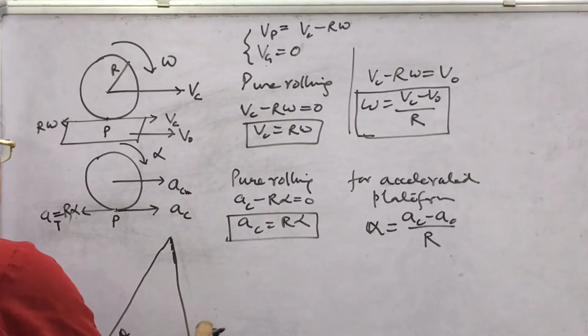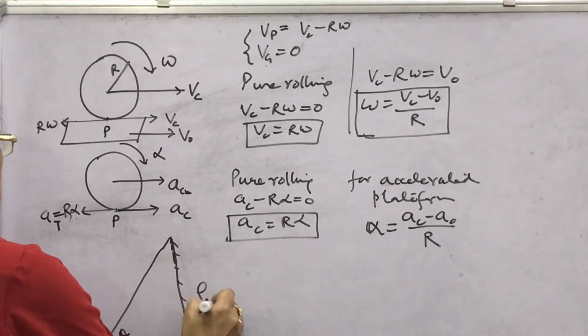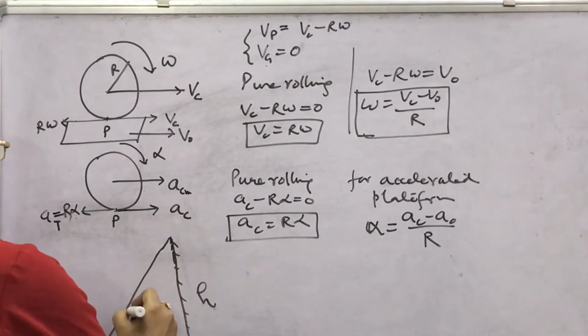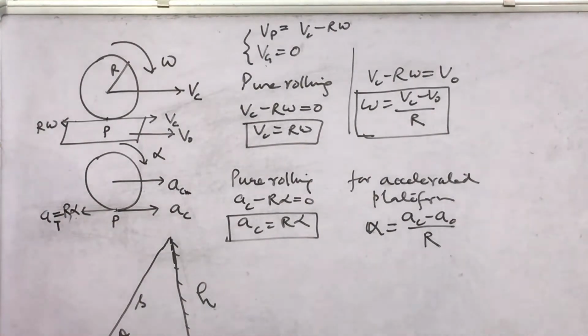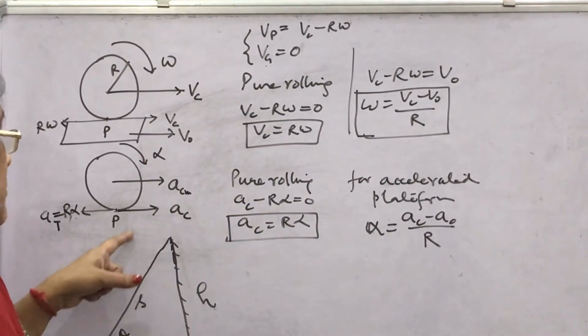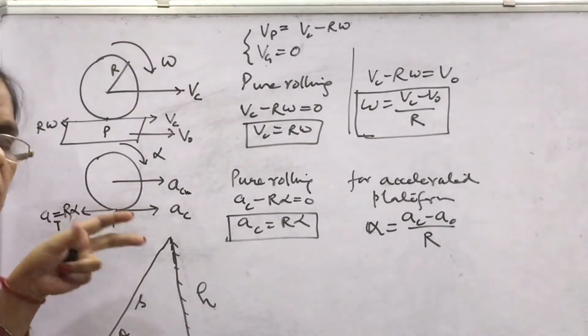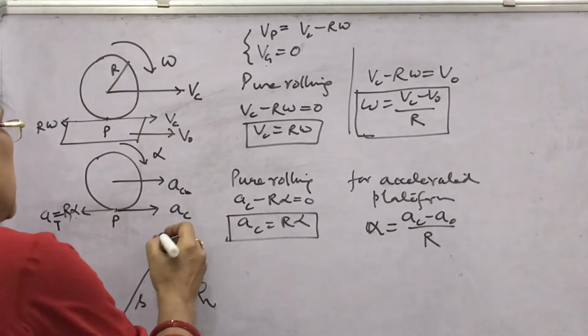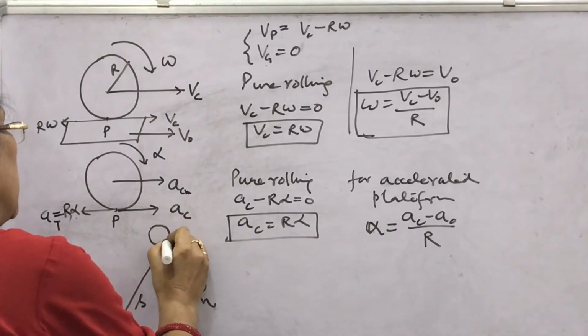So if this is the inclined plane having height h, this distance s, angle of inclination theta, any symmetrical object, ring, disc, hollow or solid cylinder or a sphere, it is here at the topmost point.